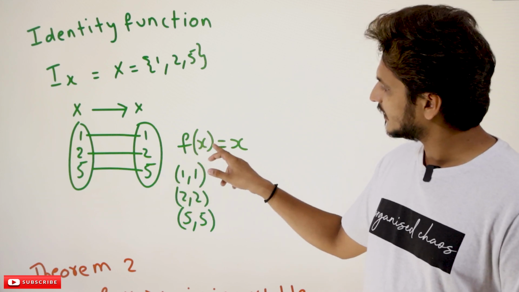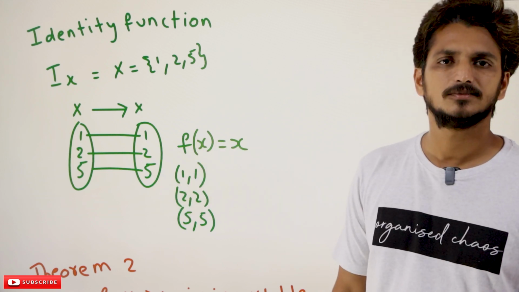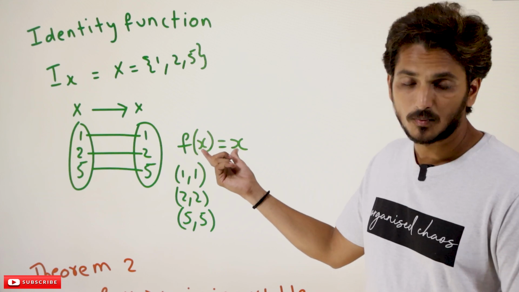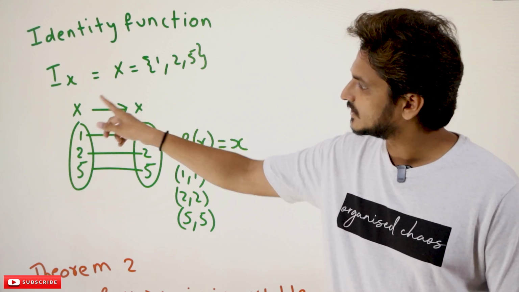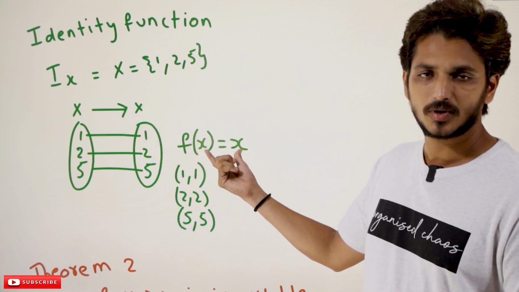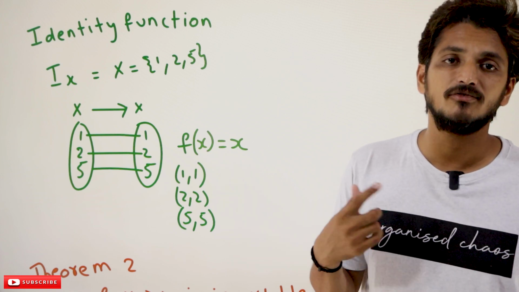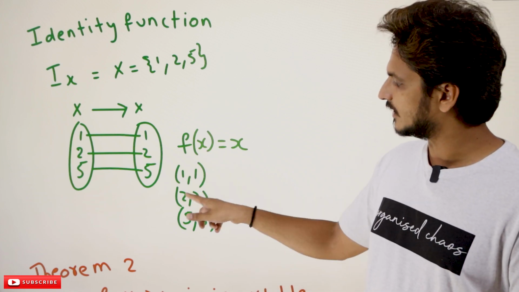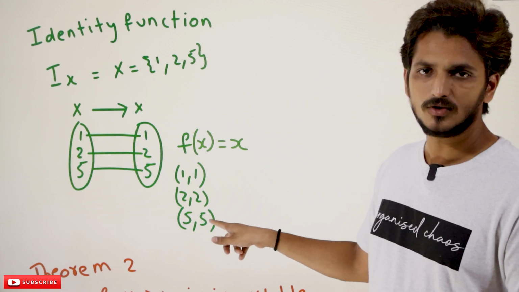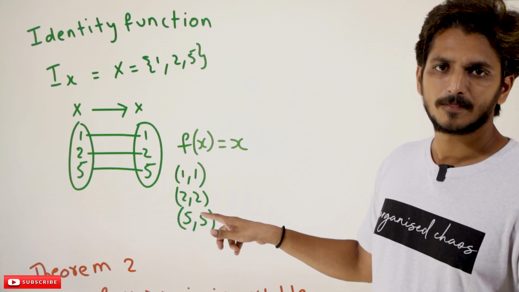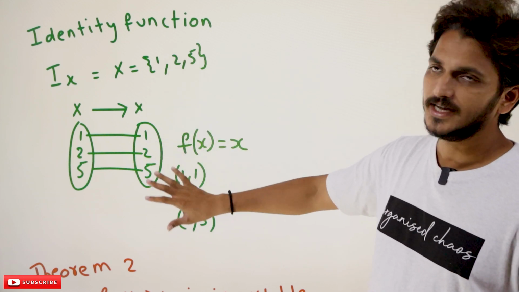Means f of x is equal to x. If it satisfies this property, a mapping from X to X, then we say it is an identity function. f of 1 is equal to 1, f of 2 is equal to 2, f of 5 is equal to 5.